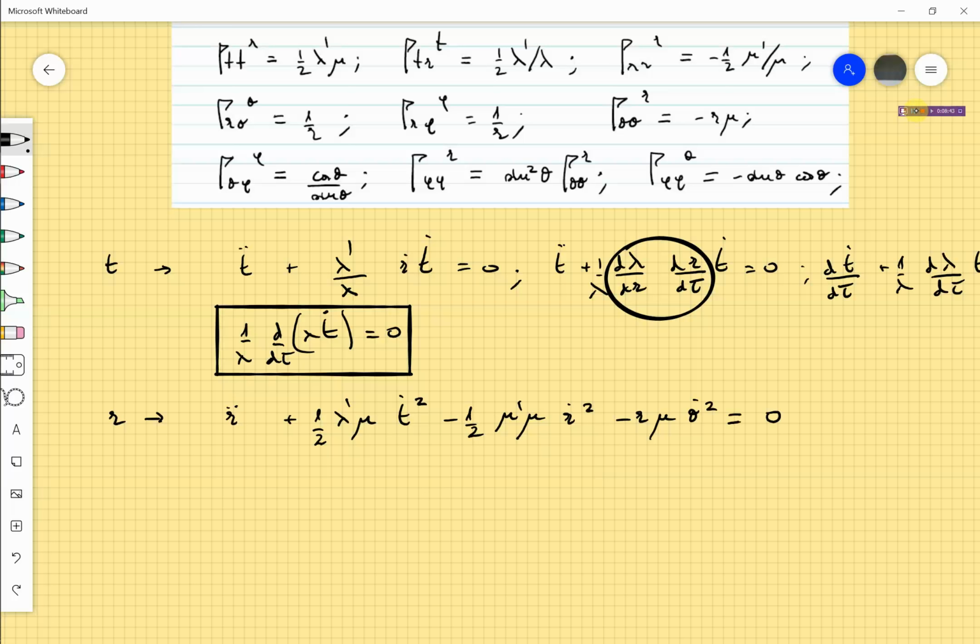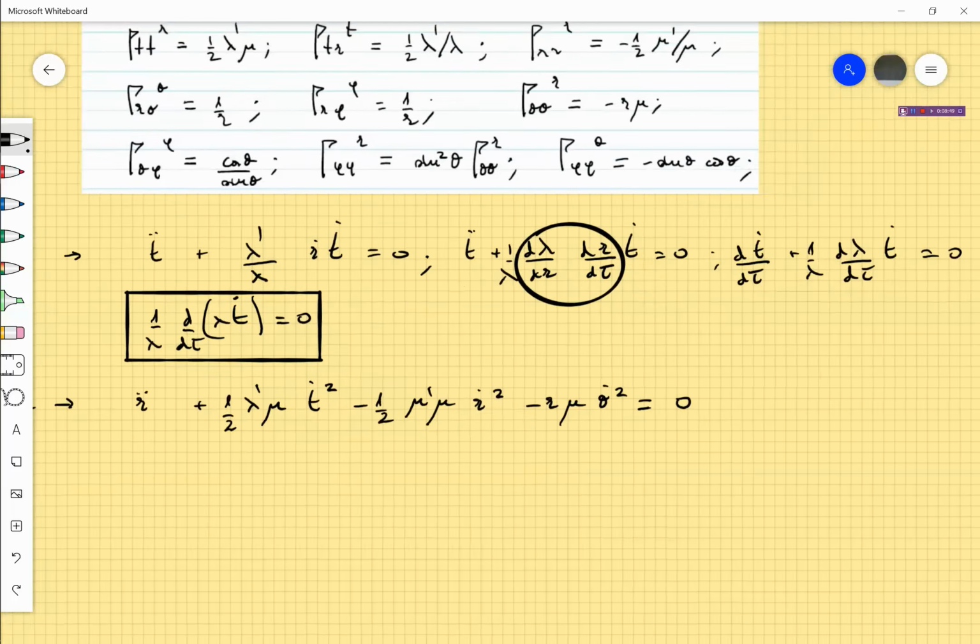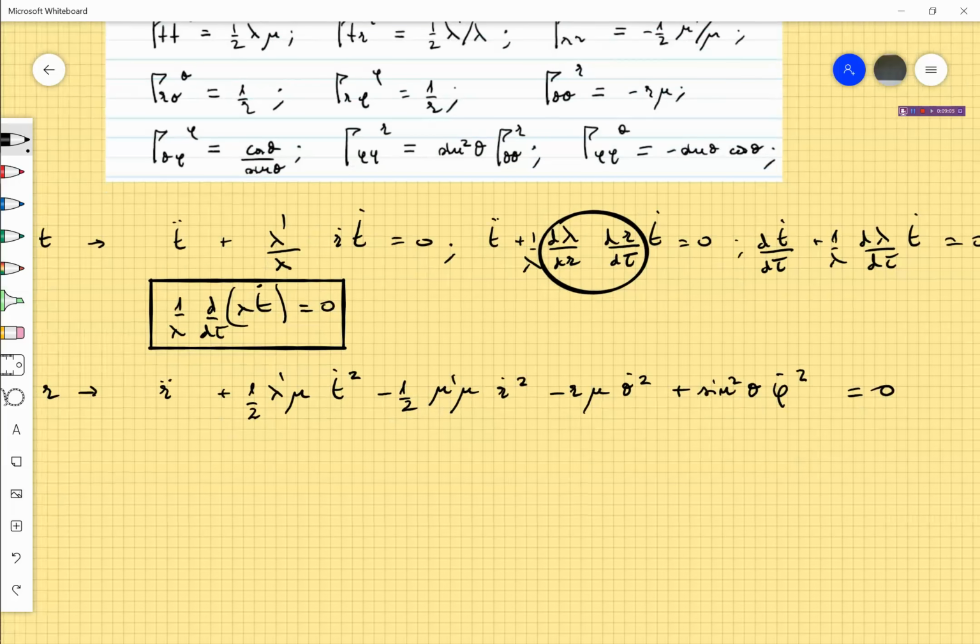Sorry, I'm afraid I forgot this one. So there is one more: plus sine squared theta phi dot squared equal to 0.